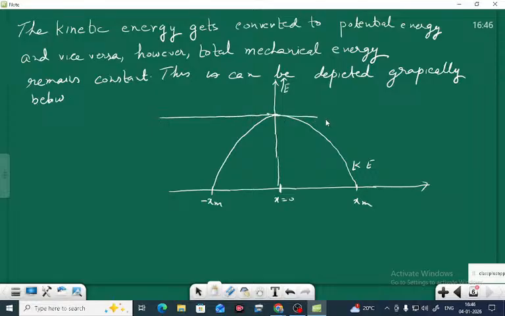How did we get the total energy? If we plot the potential energy, the reverse of that, it will be like this.